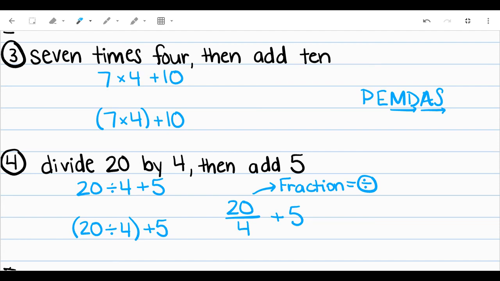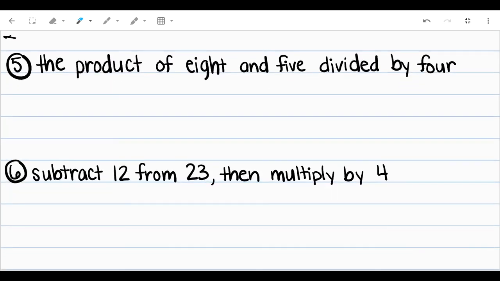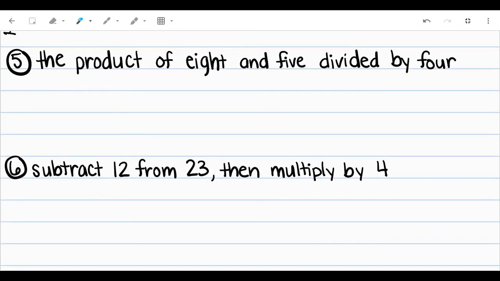All right? Let's look at a couple more. Now for number 5. It says the product of 8 and 5 divided by 4. So I have this word product and I have the word divided. I know that product means the answer to a multiplication problem, and divided means we're dividing.